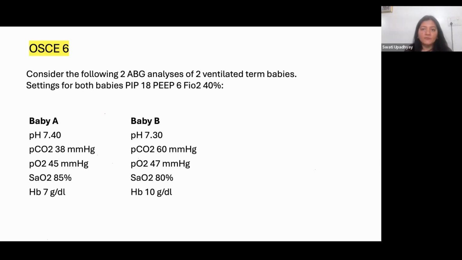So the question here is, what is the concept of arterial oxygen content? And I would also like you to answer which of these babies is more hypoxic based upon the arterial oxygen content. So you can write down in the chat box at least the formula if you're aware. The arterial oxygen content. Baby B, how did you derive that?